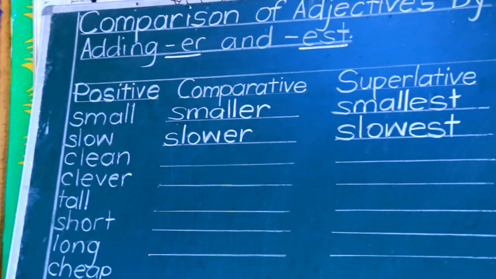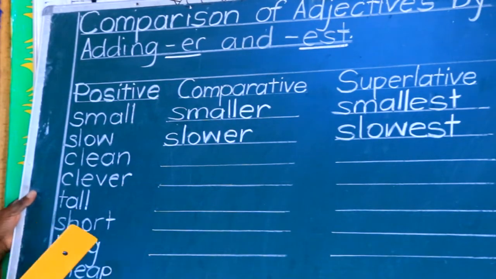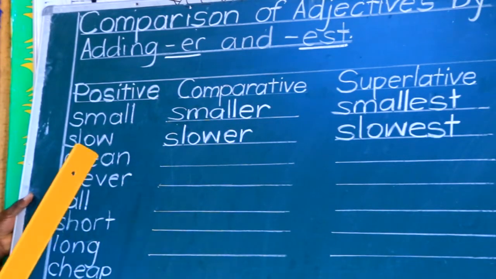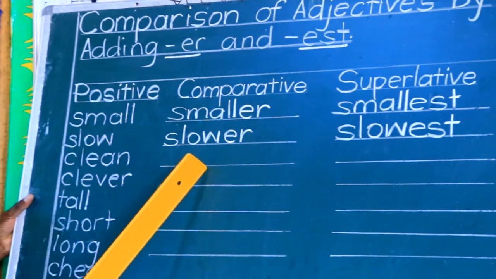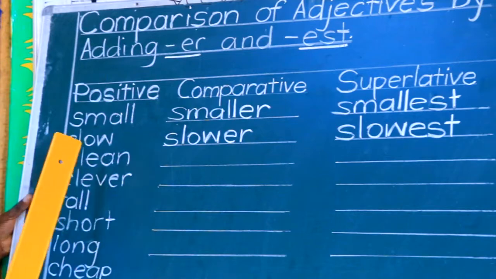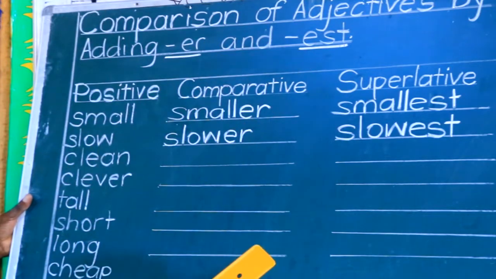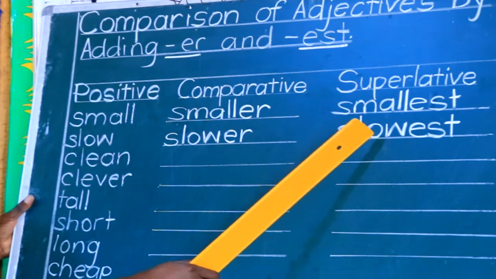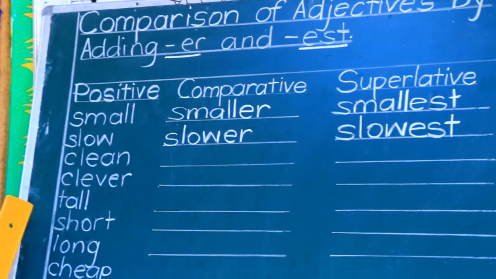You are going to try out these other adjectives where we have clean. Form the comparative following the same two examples you see above. Form its superlative following still the same examples you have been given in that list.